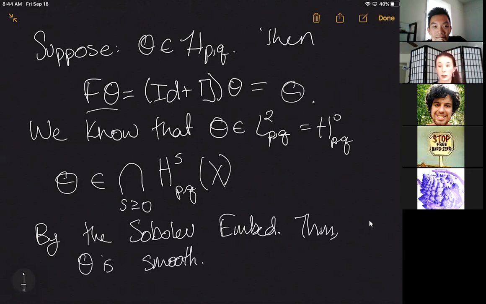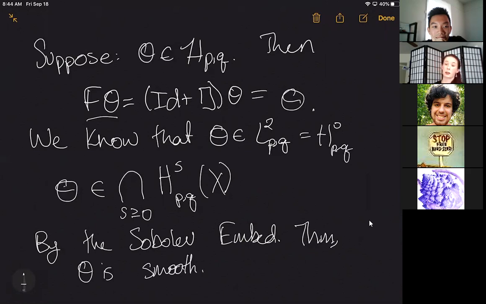So our regularity theory and bootstrapping tells us that theta has all of its weak partial derivatives, or it's in HS for all s, and then we apply the Sobolev embedding theorem, and that shows us that those are real derivatives or ordinary derivatives.